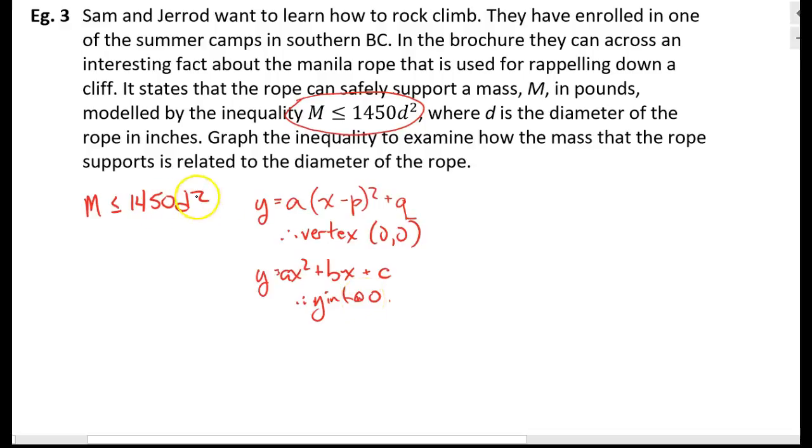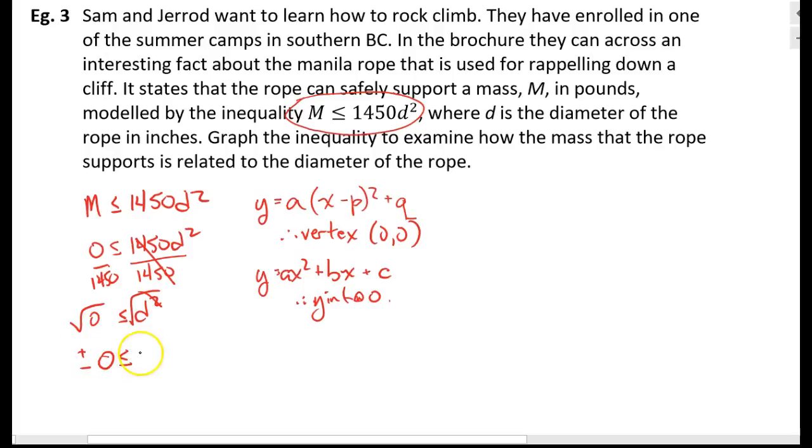And there's no factoring it in terms of binomials or anything, so I'm not going to be looking for multiple intercepts. It's just going to be my one intercept, and if we solve for it, it's also going to be at 0. So we would divide by 1450. Now, you don't need to be writing this. I'm just kind of proving it to you. If you want to write it, go ahead. Square root of d squared, square root of 0, so that's plus or minus 0 is less than or equal to d.